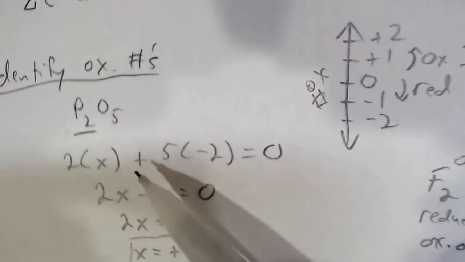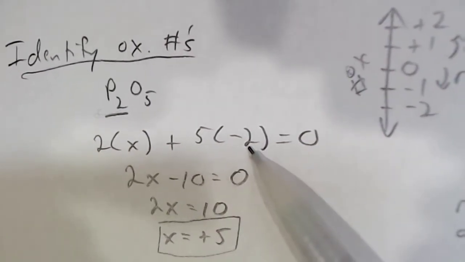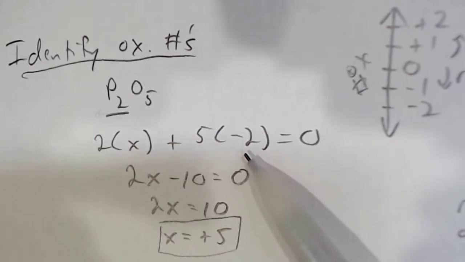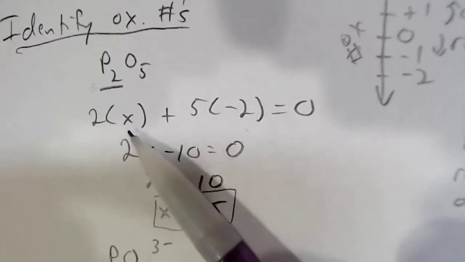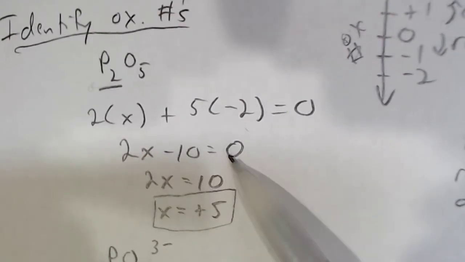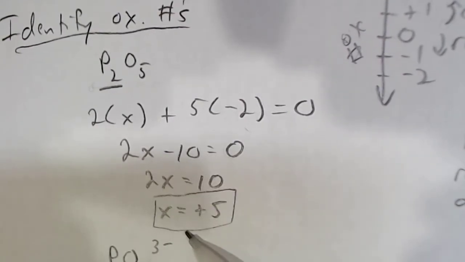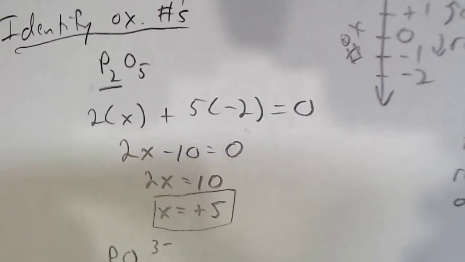This is a compound, not an ion overall. All right, so where did this -2 come from? Remember, oxygen is -2 if it's next to something else, except when it's in a peroxide. Okay, so we have 2x plus 5 times -2 is equal to 0, or 2x minus 10 is equal to 0. Solve for x. x is plus 5. The oxidation number of phosphorus is positive 5.